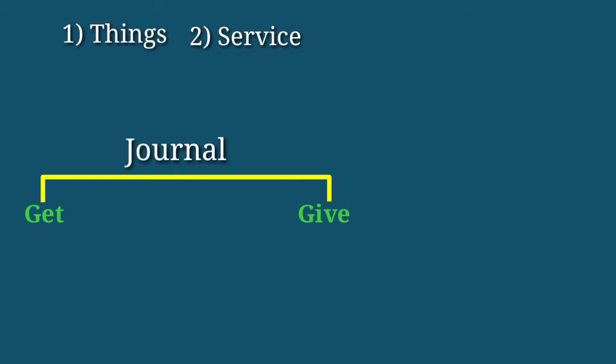Then the shopkeeper agrees. He gave the laptop to me. Here, I got the laptop, but I didn't pay the cash. I'm not giving cash right now. I promised him that I will give the cash in future, tomorrow, day after tomorrow.